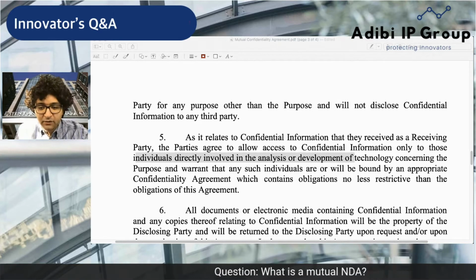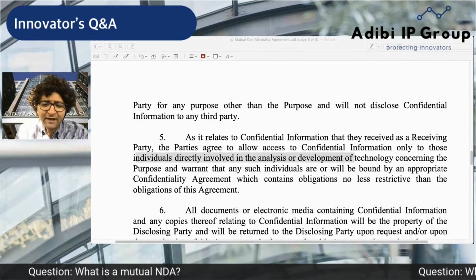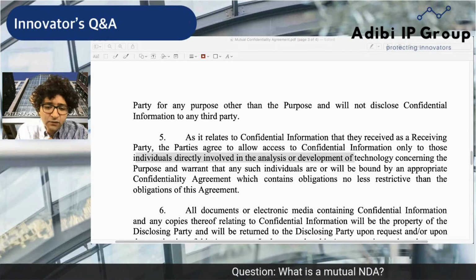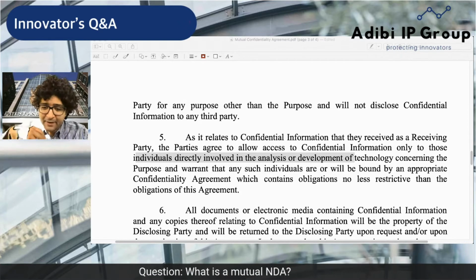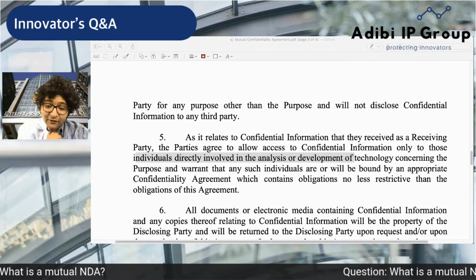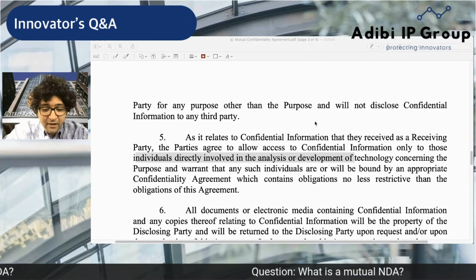Because it wouldn't be fair if she could just tell an employee and that employee could then exploit my confidential information, and vice versa, right? So this also applies to the information that she provides me. The confidential information that she provides me, I can't just leak through an employee, because that wouldn't be fair.